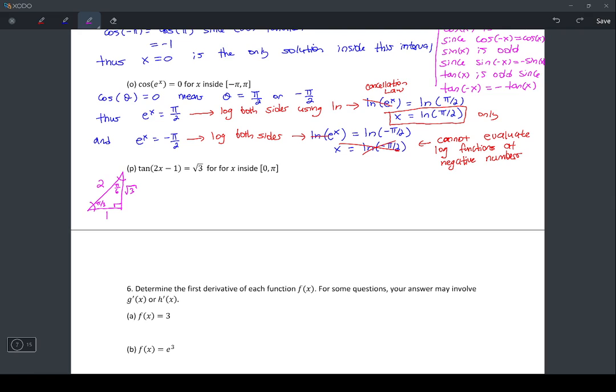So what I do is I just memorize this triangle, and then I use SOHCAHTOA to figure out what sine, cos, and tan at pi over 3 or pi over 6 are.